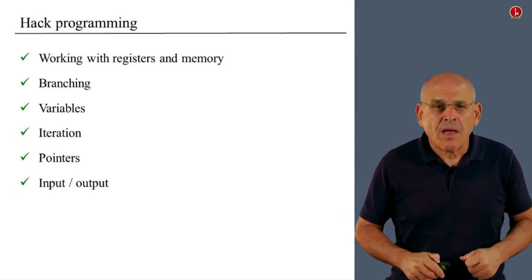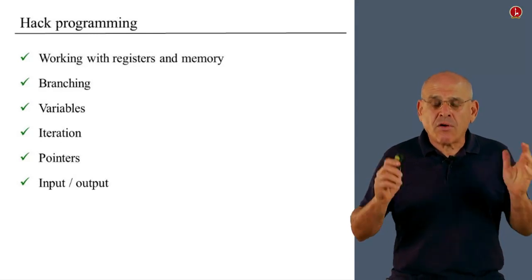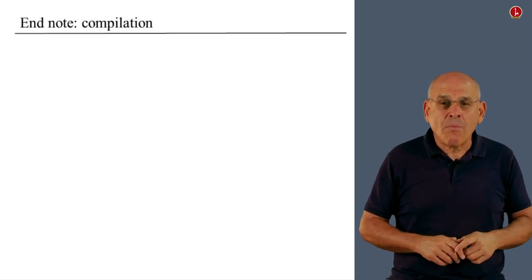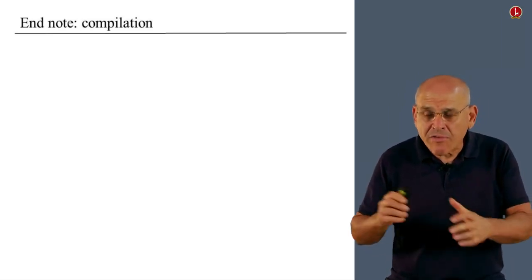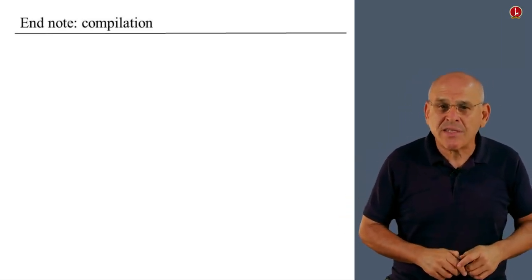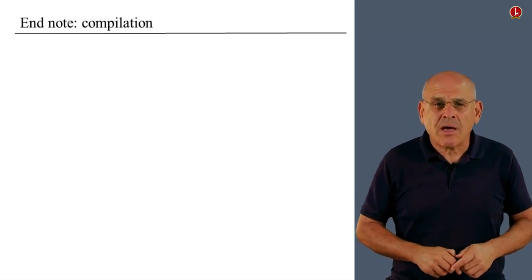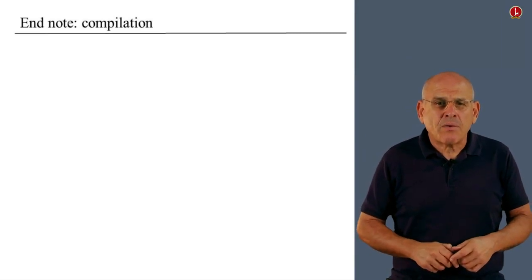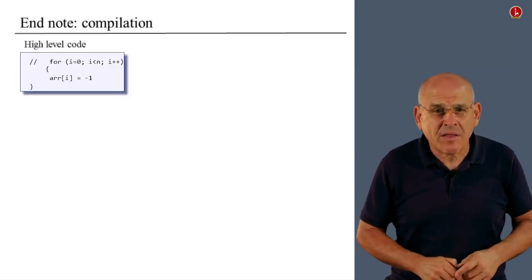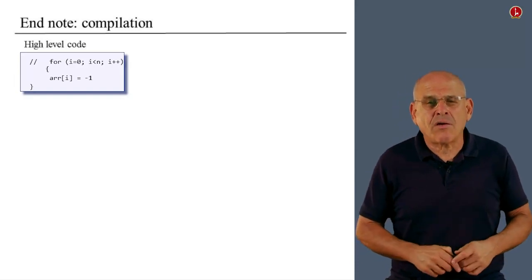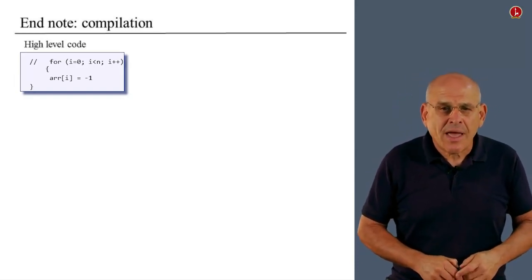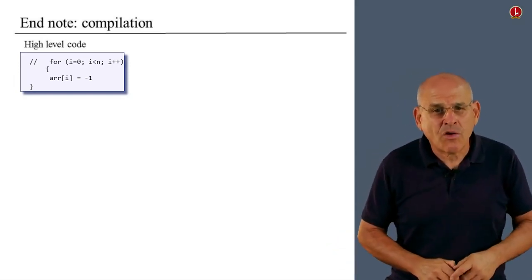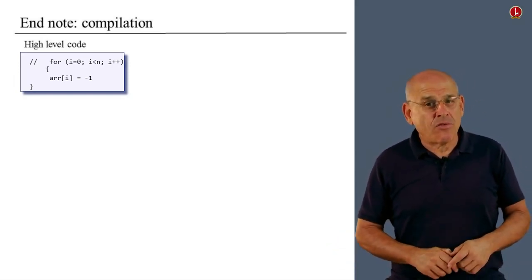In closing, before we end this unit, I'd like to say a few words about compilation in general, because we got very close to the notion of compilation in some of the examples that we saw in this and in previous units. And in particular, we explained how we write a piece of code like this one in the low level of machine language, and moving from one to the other is exactly what a compiler is designed to do.